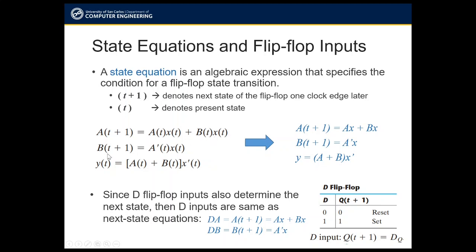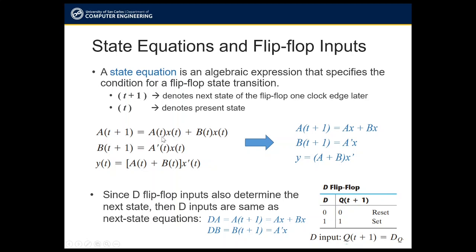Next, we have B(t+1), which is the next state for flip-flop B. We have this equation here as well. And lastly, we have y(t), the present output y, with this equivalent expression. Notice that all variables in the Boolean expressions are a function of the present state.